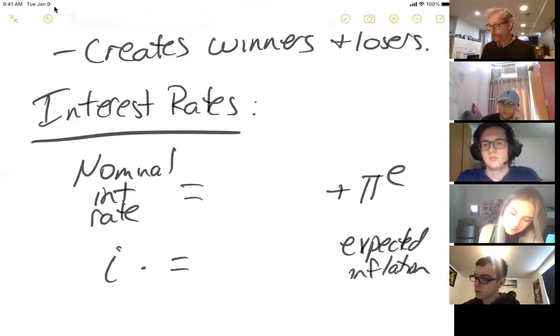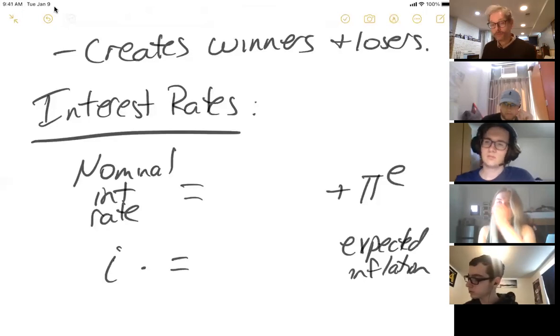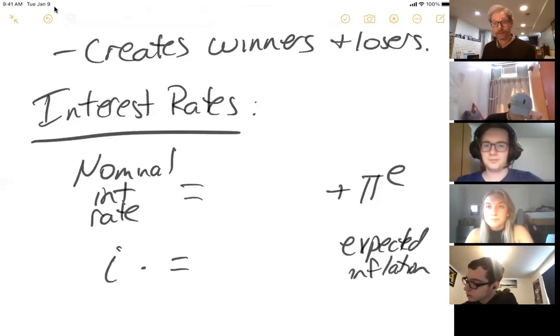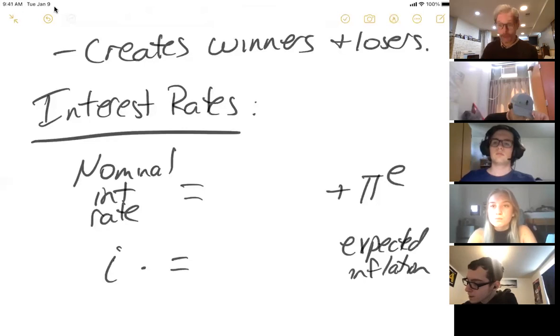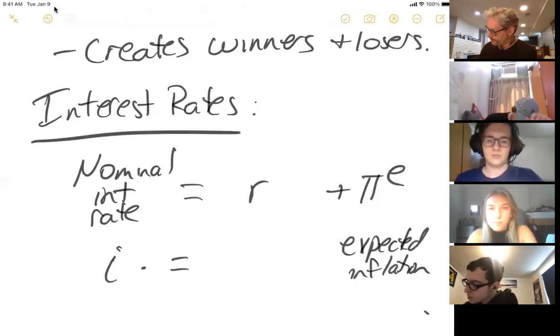Okay? However, if somebody lends you money, do they just want to lend you money at the expected inflation rate? No, they also need to be compensated. They need to have a real profit, right? They're going to need some profit over and above the inflation rate. And that's what we call, oops, I'm sorry, I have these backwards here.